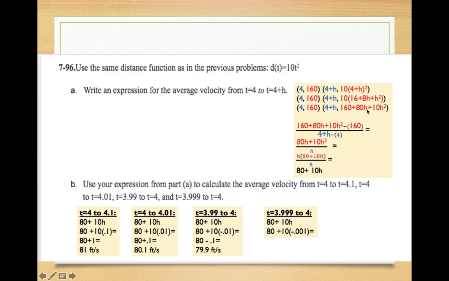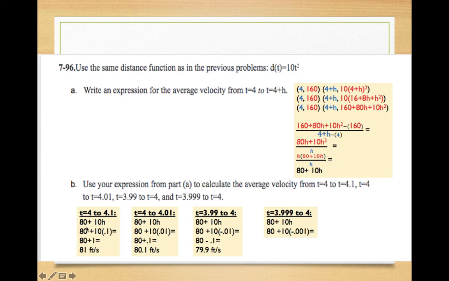We went through the arithmetic, did our change in y over change in x, and came up with an average rate of change formula that had h in it. Remember, we're manipulating h. In this scenario, h was 0.1. In this scenario, h was 0.01. And we're making h very, very tiny so that we can figure out the instantaneous rate of change, like at exactly 4 seconds, how fast is the car going?